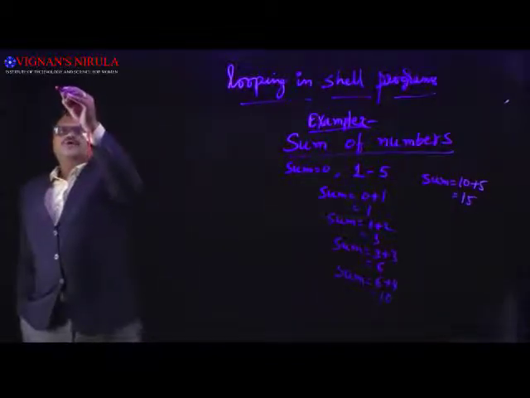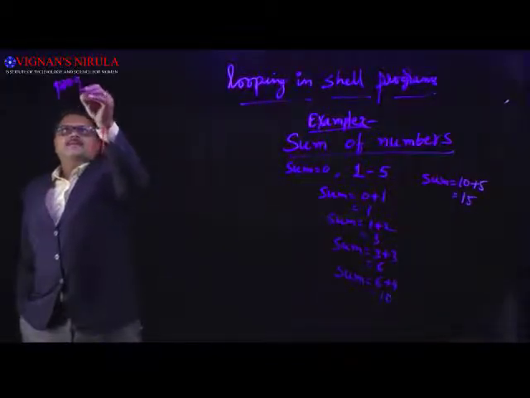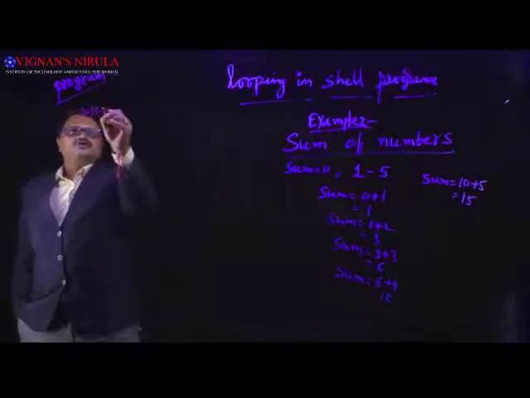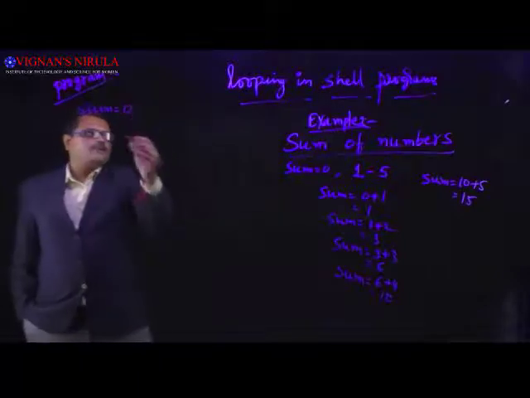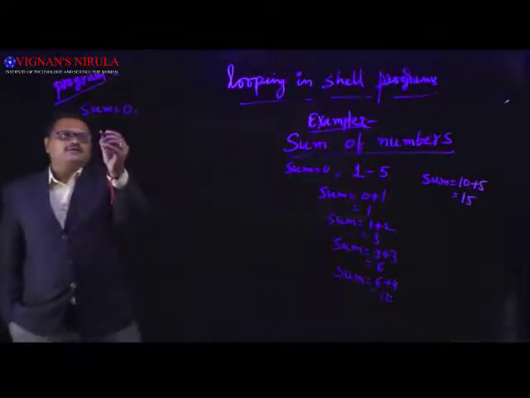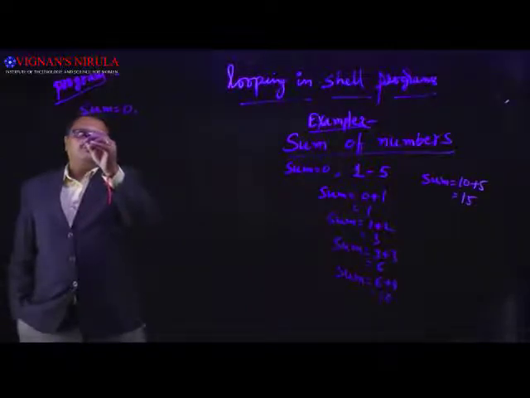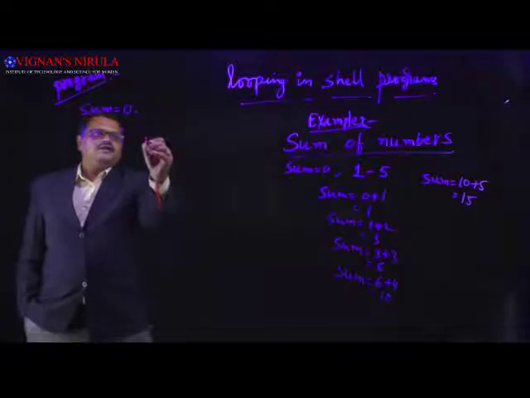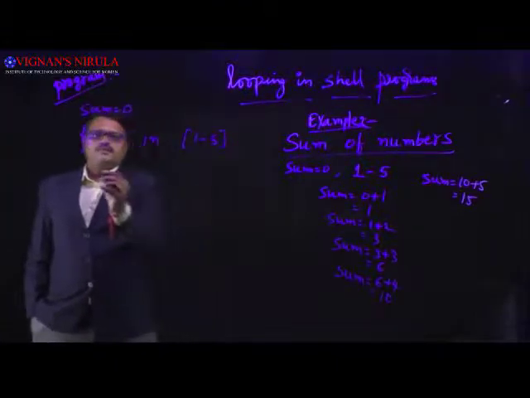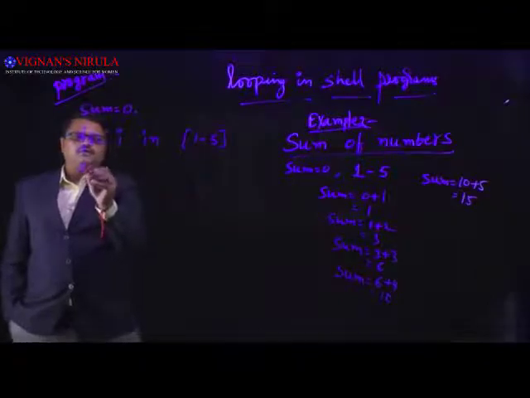So now the program is like this. Sum equal to 0. This is what we pretended. Sum equal to 0, and then for I in 1 to 5, do.